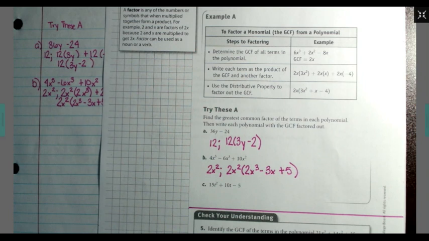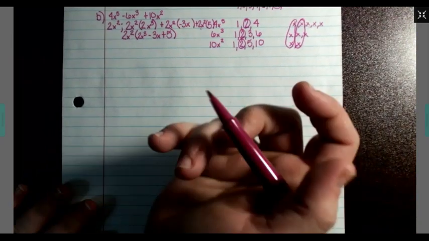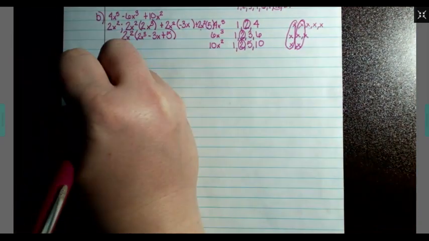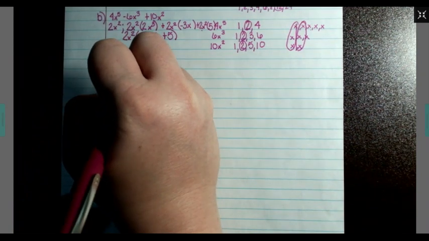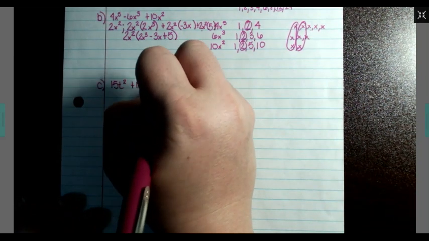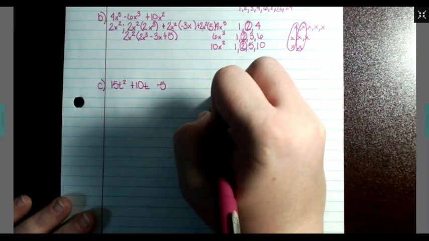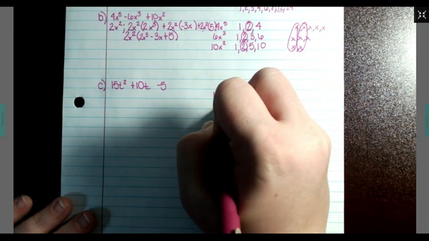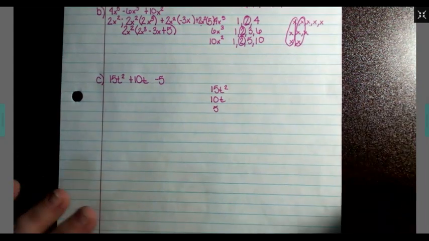On to our last one, C. C says 15t to the 2nd power plus 10t minus 5. So we're going to split these up. We got 15t squared, I got 10t, and I got 5.